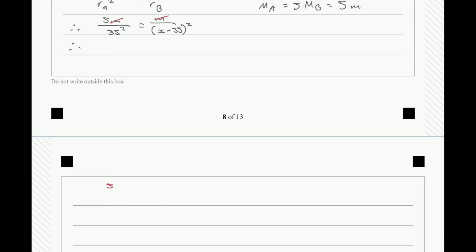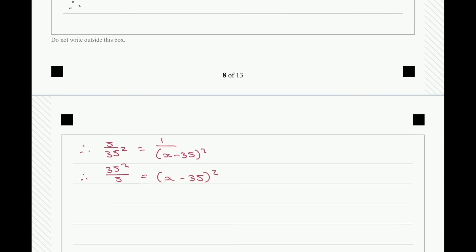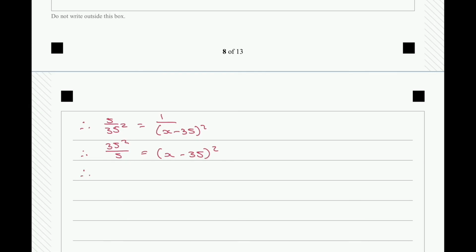We're now left with 5 divided by 35 squared is equal to, therefore, 1 over x minus 35 squared. The next step to rearrange is we can just inverse both sides, and we get 35 squared divided by 5 is equal to x minus 35 squared, because that's divided by 1 because we inversed it.